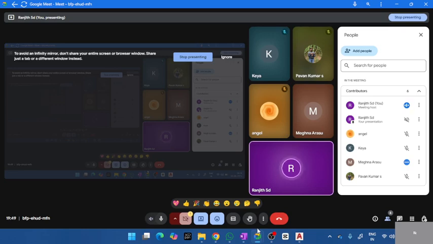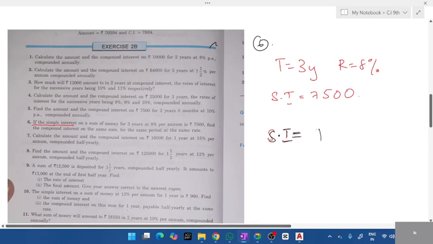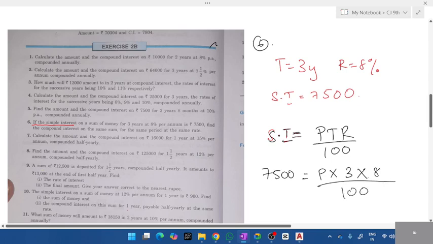Tell me what is the simple interest formula, Ananya? PTR by 100. In this, what are the values given? Talk a bit loud. What simple interest value is given? So what is missing here? Principal. We also call principal as sum. So this principal, all of you calculate the principal amount.